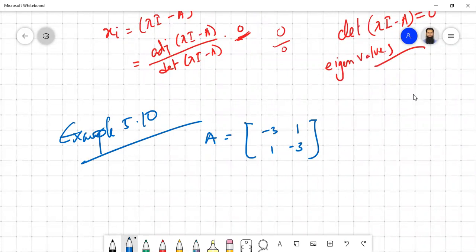One thing I forgot to tell you is why we are interested in eigenvectors.